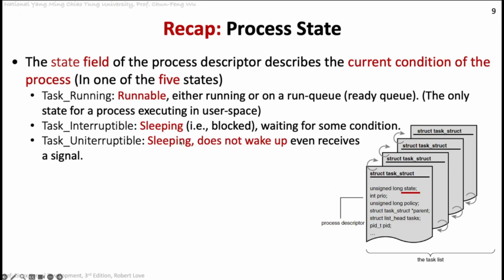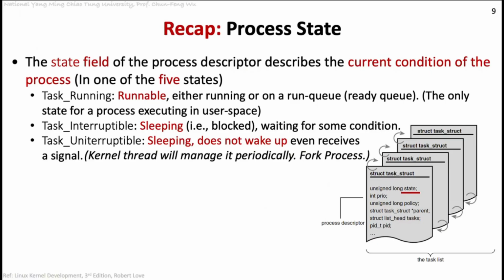And there is another very special one called TASK_UNINTERRUPTIBLE. It is similar: the process is sleeping, but it will not be woken up by those conditions. It can only be woken up by some special kernel thread. Usually it is used for the fork process.